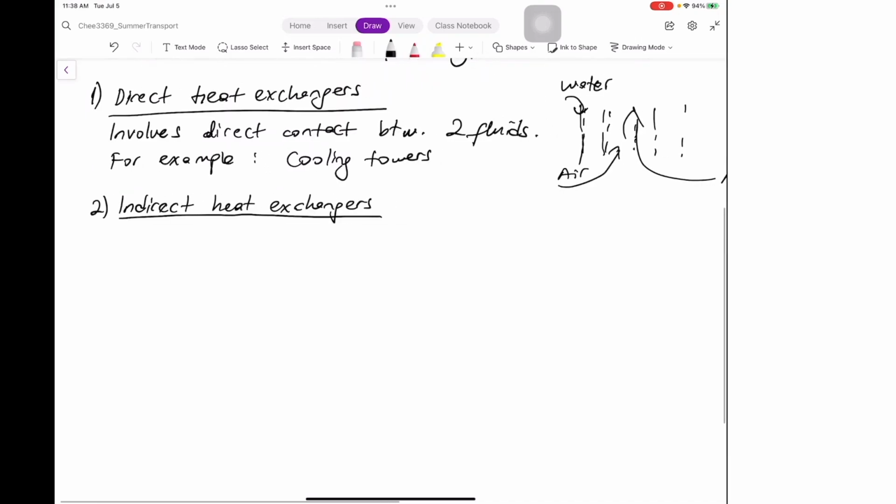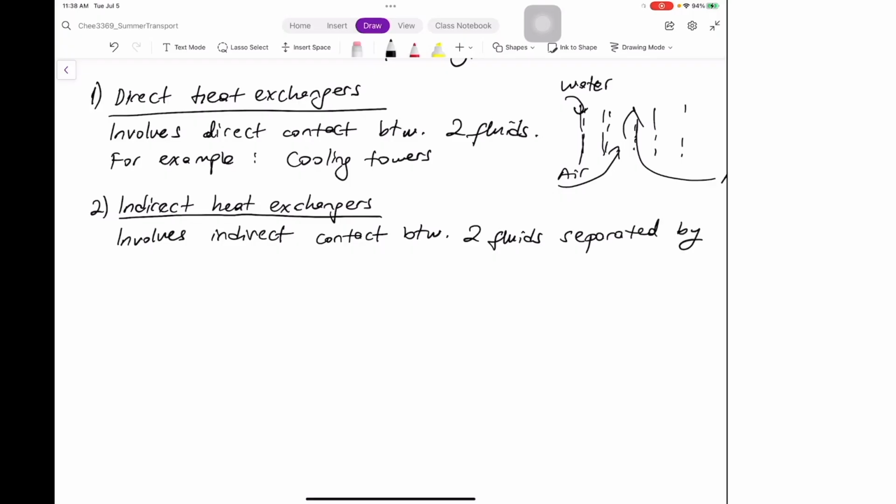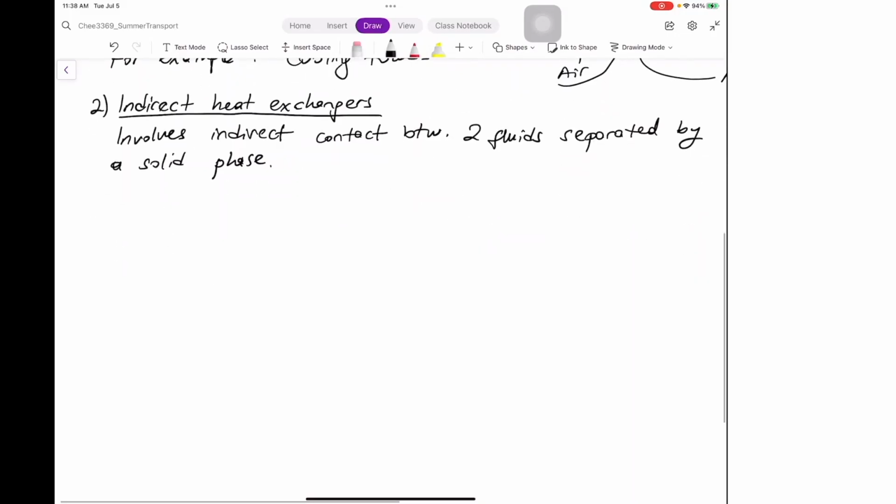So you should have another thing in between the two fluids, separated by a solid phase. Okay. Mostly you see the heat exchangers in this type.